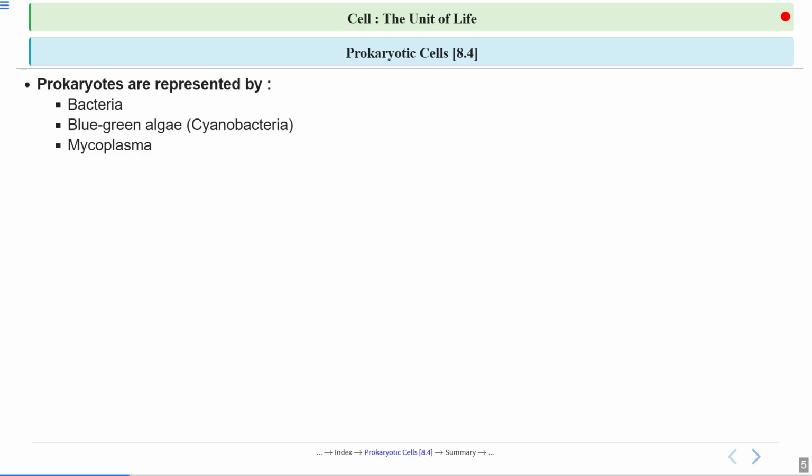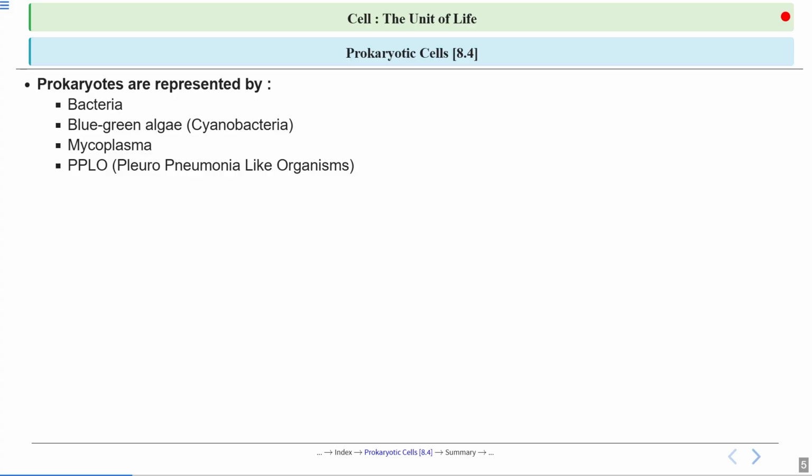It can survive without oxygen also. It can cause disease also. Next one is PPLO. What is the full form of PPLO? Pleuropneumonia-like organism. So these are all prokaryotic cells.